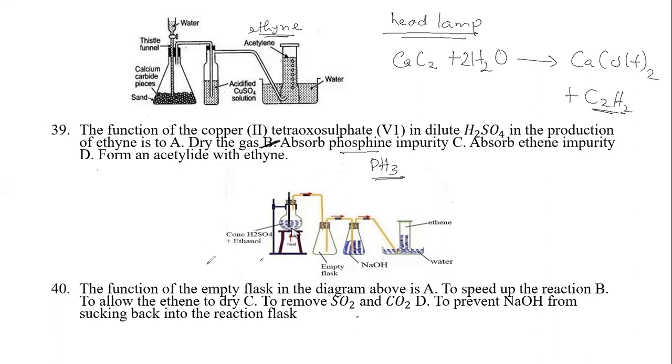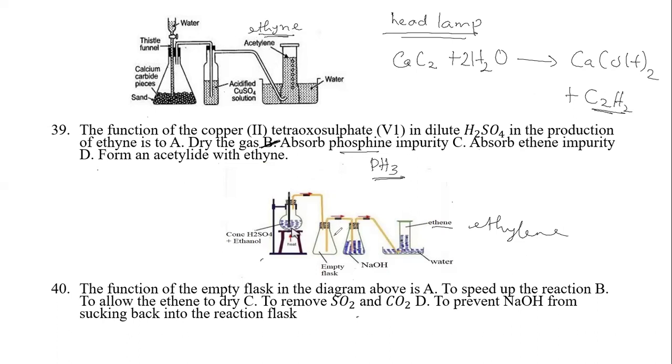Okay, question number 40 here is how ethene or ethylene is produced by the reaction between concentrated H2SO4 and ethanol. Then you heat it at an elevated temperature, as I explained earlier. Now you pass it through an empty flask, then through sodium hydroxide. The question is asking, what is the function of the empty flask?